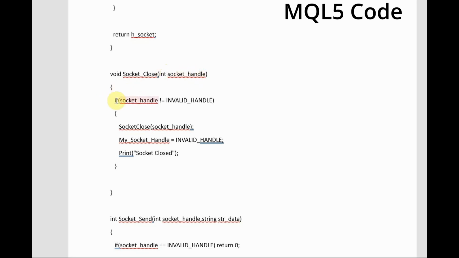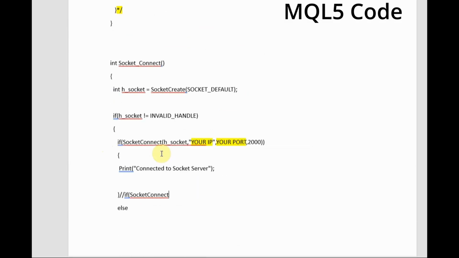We go through, we check the handle, and then we close the socket. So socket close is the function. What socket are we closing? It's the socket_handle. And then we go my socket handle equals invalid handle, print socket closed. So once you run this script, it will run through and close the socket.